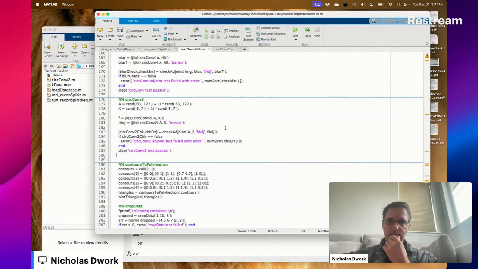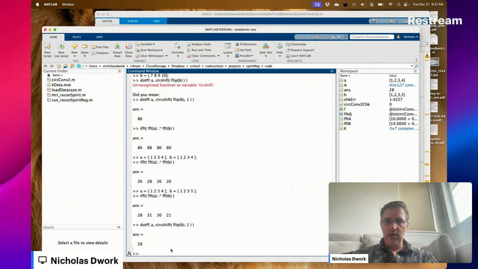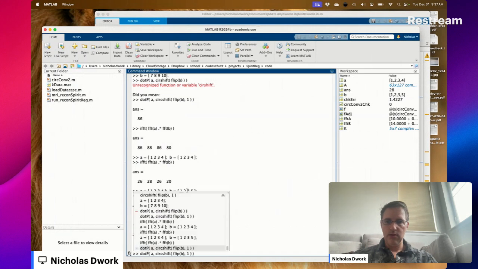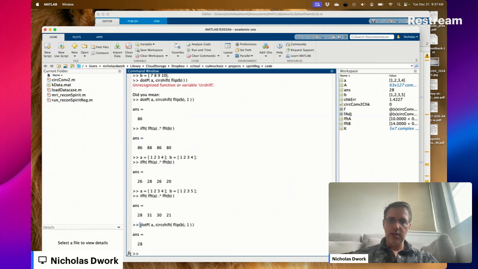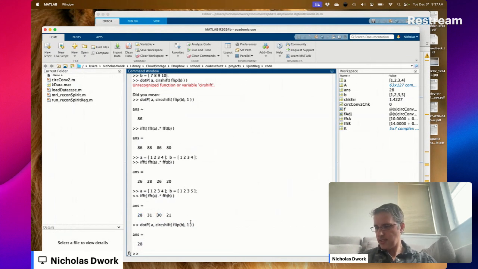Okay, back to this. Okay, so the 28 is in the wrong location. I thought that would be the case. Now, wait, sorry. This is me doing the operation by hand, so 28 is the value at the origin, but when I do it using the FFT, 28 is in the first element. Instead of the original element.